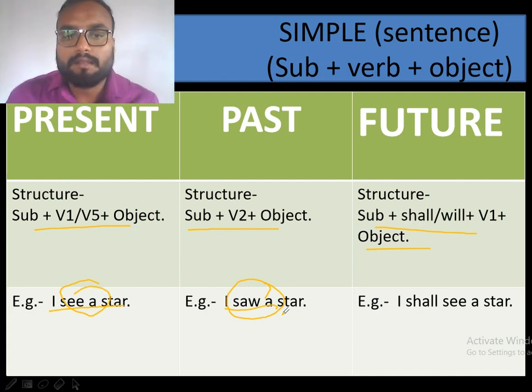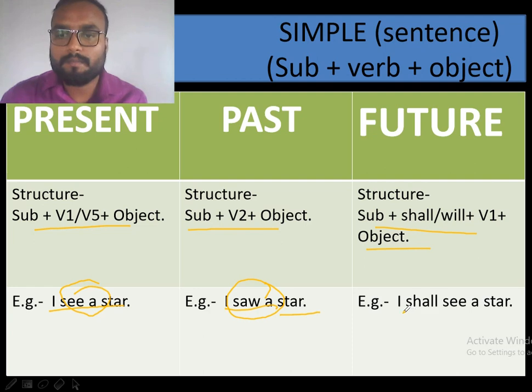Now I saw a star, again no extra information is given about the action or about the object. Only a simple information has been given, therefore it is simple. Again you can see only shall, the auxiliary used in future tense, has been added over here. Again same thing, I shall see a star, which star, in which direction, when, that is not being given.